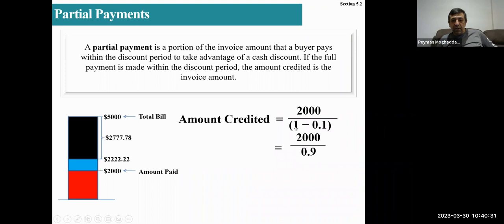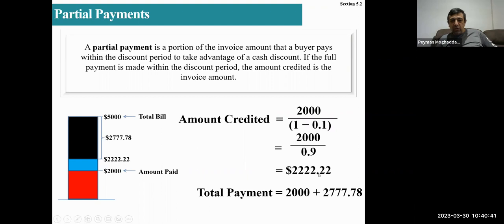So how do you do it? As I said, you pay $2,000 divided by 90%, which is 2,222, and now this 2,222 is going to be deducted from $5,000, and you have to pay the remainder in the no discount period, right? In the no discount period, you pay 2,778, and you add the $2,000 which you already paid, it's going to be 4,778.